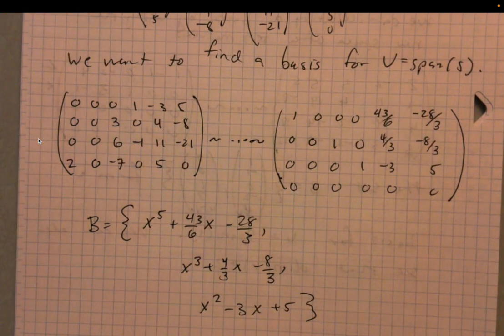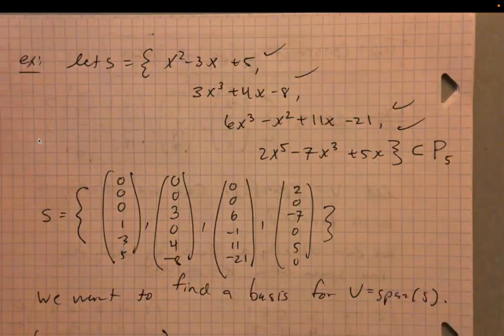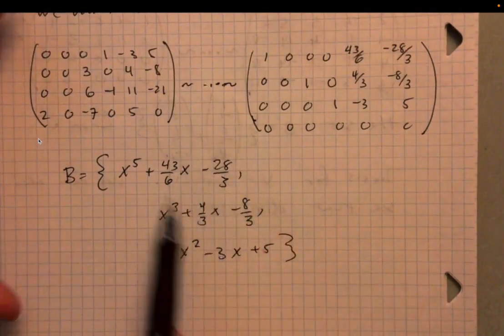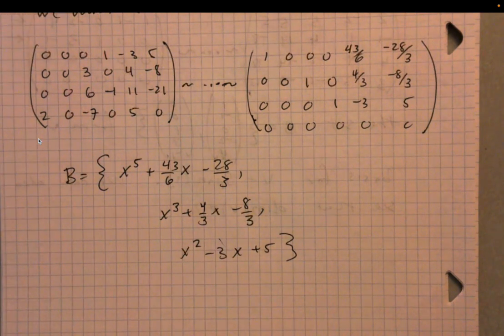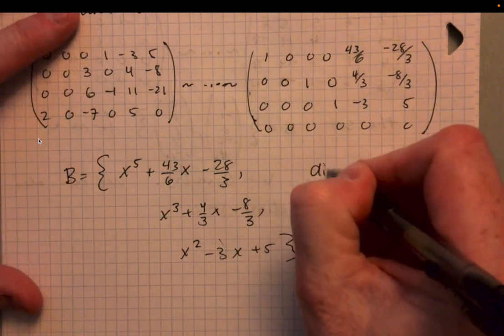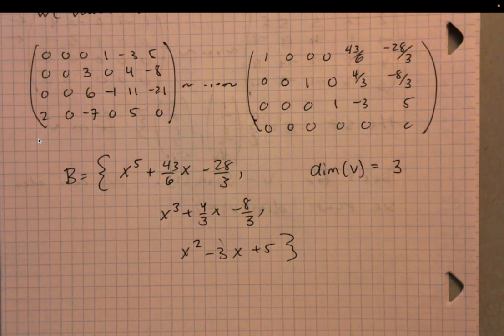Okay, and this would be a basis for the span of this original set of 4 polynomials. You can see that one of those polynomials was redundant, and so we've been able to get rid of it and further simplify. And then we can see that the dimension of V is 3 in this case. There are 3 polynomials required to span it.